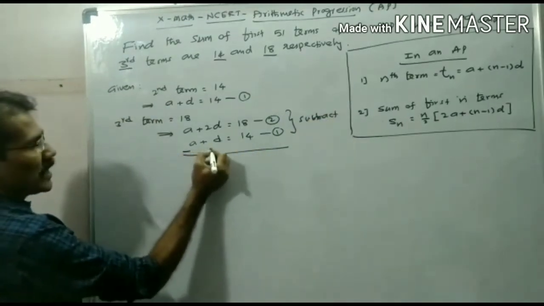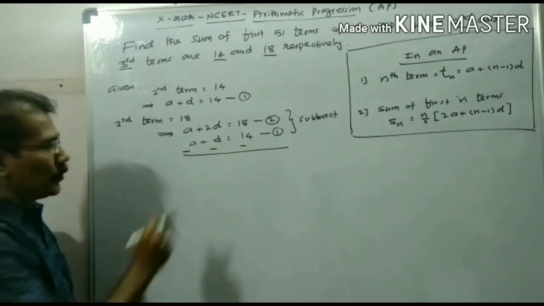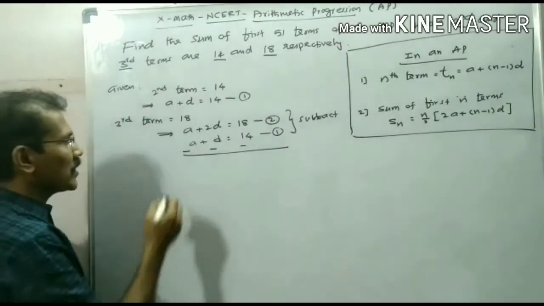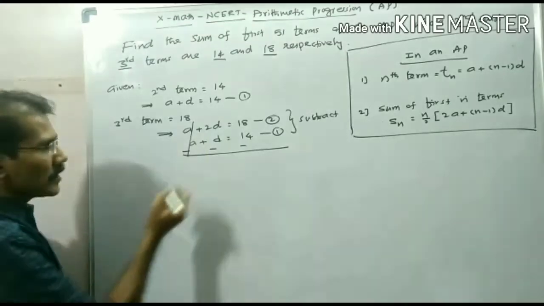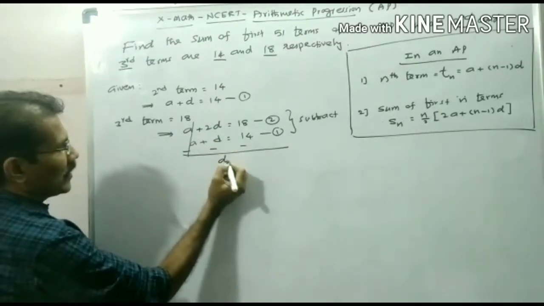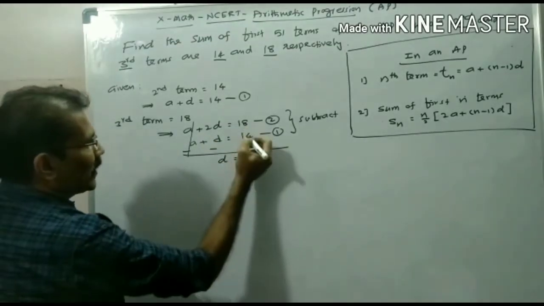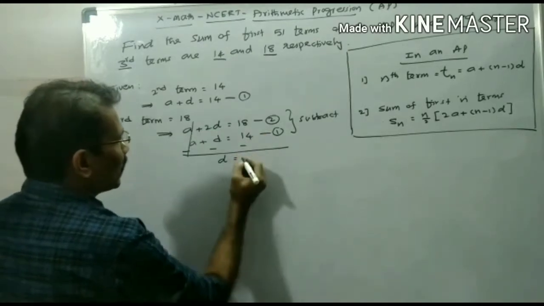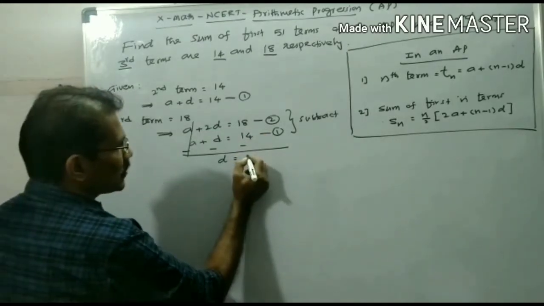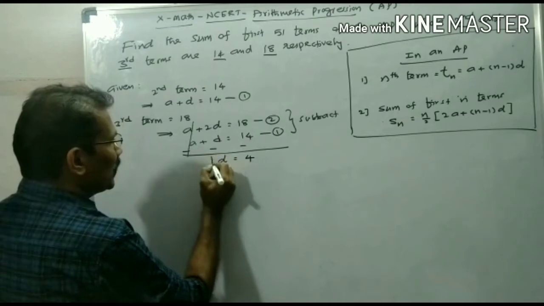All the bottom line equation signs will change. Plus a minus a gets cancelled. 2d minus d is d, which is equal to 18 minus 14. What is that? It is 4. So you got the d value.